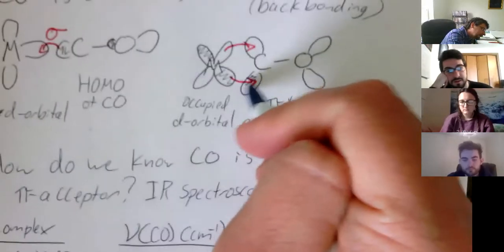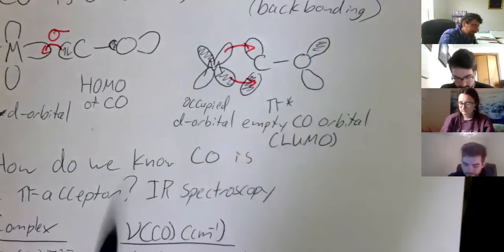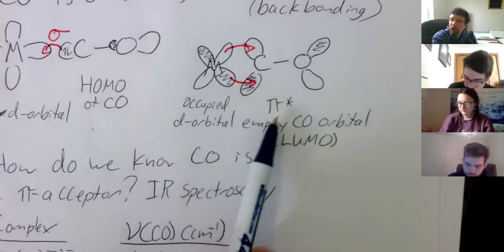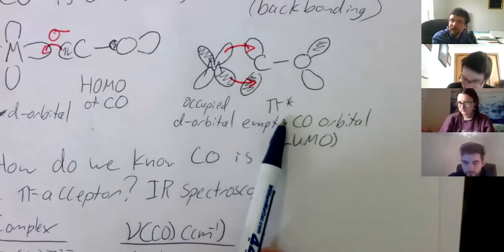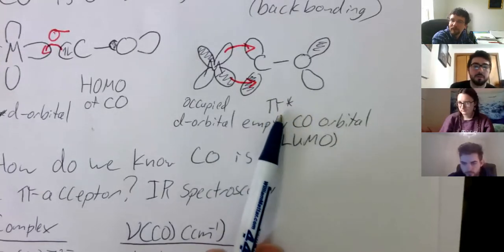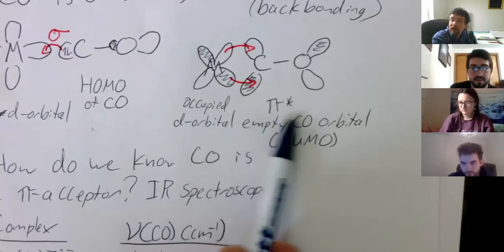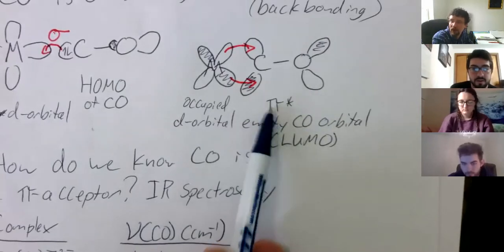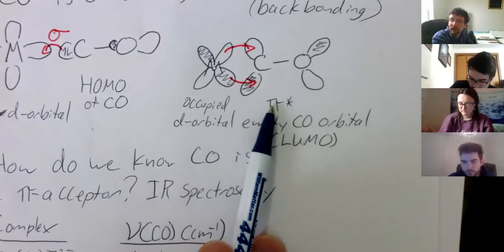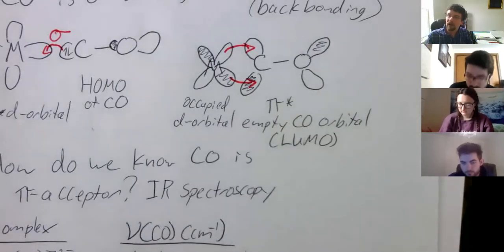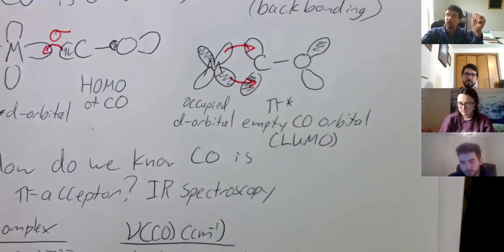Yep, I forgot to color this in, by the way. What type of orbital are we donating into? An empty pi. Yep, it's specifically a pi star, a pi antibonding orbital. So what's going to happen to the bond between the carbon and the oxygen if we're donating into an antibonding orbital? Probably get bigger or longer. Yep, they're going to get longer.